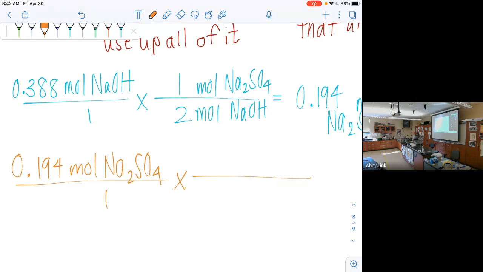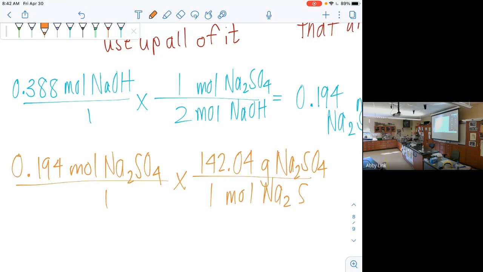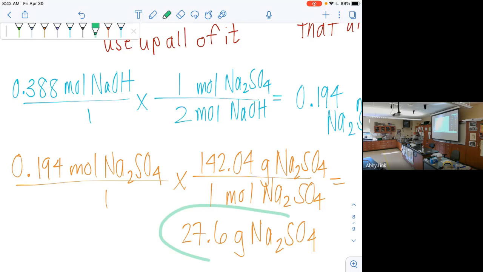All right, and then we're going to have the molar mass of the Na2SO4, which is the 142.04 we calculated. Grams Na2SO4 on the top, 1 mole Na2SO4 on the bottom. Still looking for 3 sig figs here, friends. We end up producing 27.6 grams of Na2SO4. All right, and that's the answer to the question they asked us. They asked us for the mass of sodium sulfate produced here.